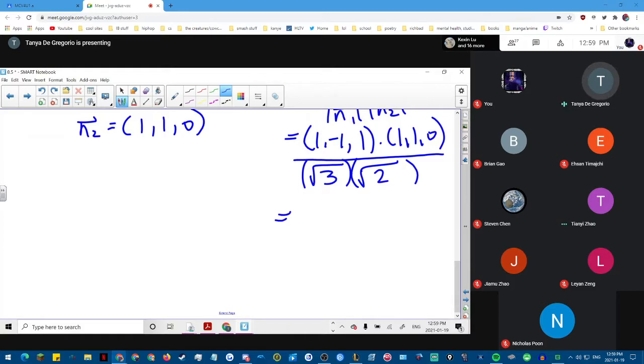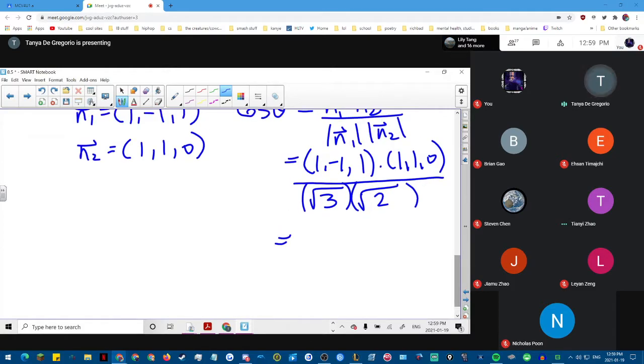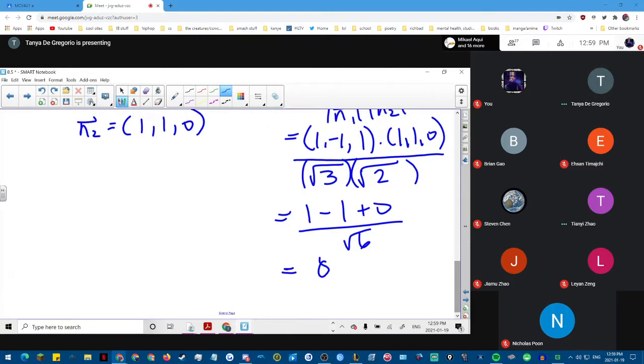And so here, when I do the dot product, I get 1 minus 1 plus 0 over radical 6, which is just 0. And what is theta if cos theta equals 0? 90. Yep. Theta equals 90 degrees. So these planes were actually perpendicular. Cool?